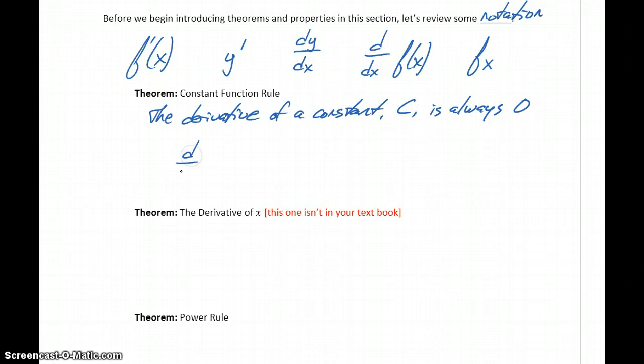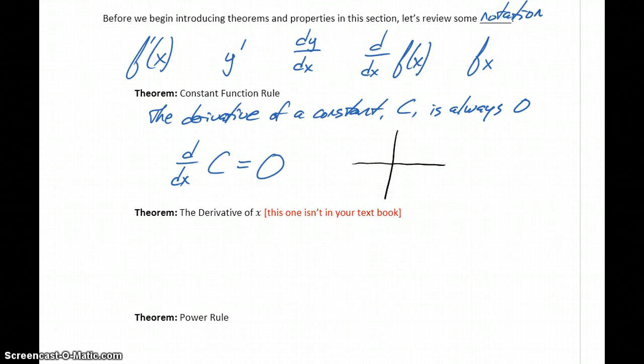So if we're taking the derivative of some constant c, so c is some number like 2, 47, the square root of 53, the derivative of that is always going to be 0.